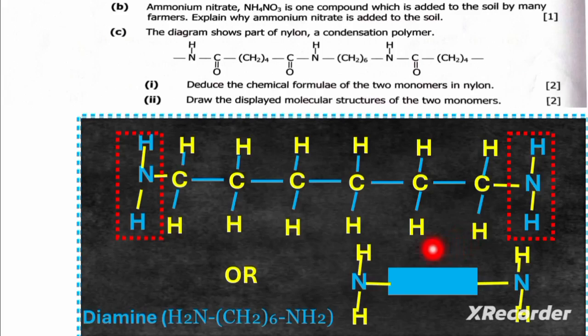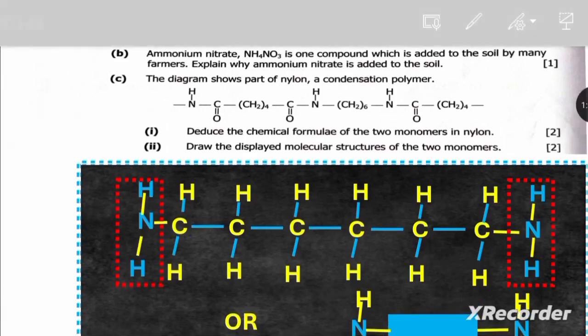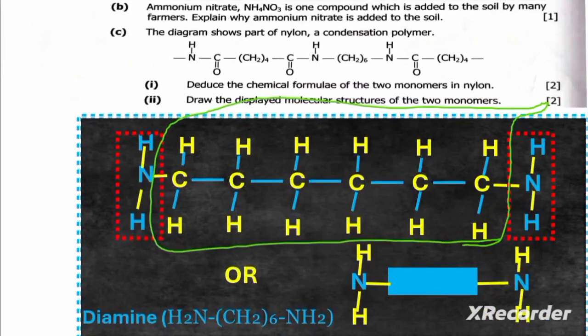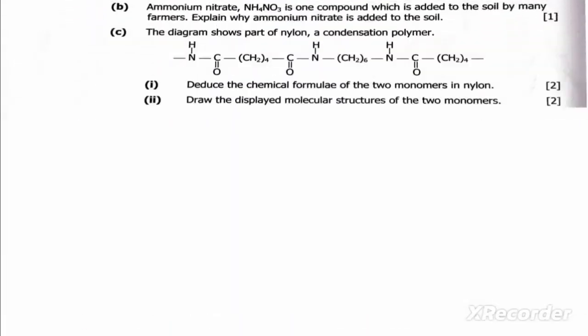This box is representing what is in the bracket here. As we can see, this is how we can draw the structure of diamine.